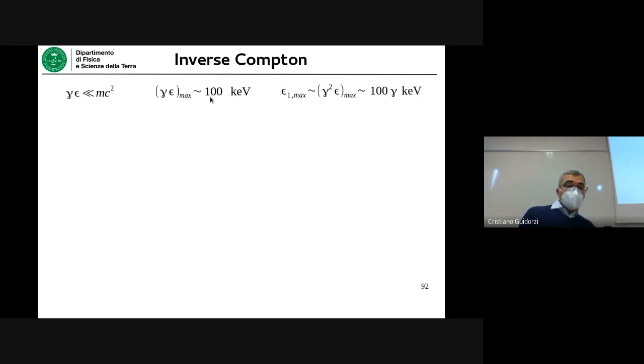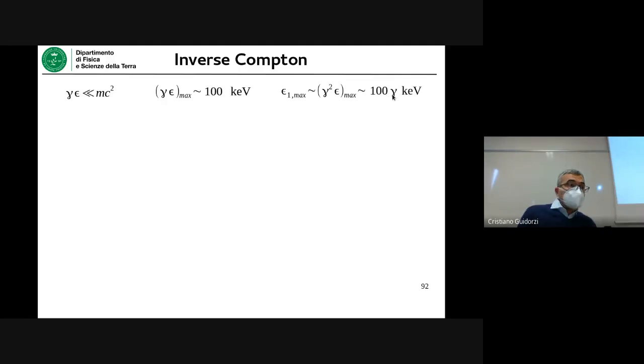Which means that the final energy of the photon, again in the lab frame, which is gamma squared times epsilon max, has to be what? Well, gamma times the maximum energy, gamma times 100 keV, because you get back in the lab frame. So as soon as the energy of the photon is such that gamma epsilon is not greater than 100 keV, the resulting energy of the photon will be gamma times 100 keV in the lab frame.